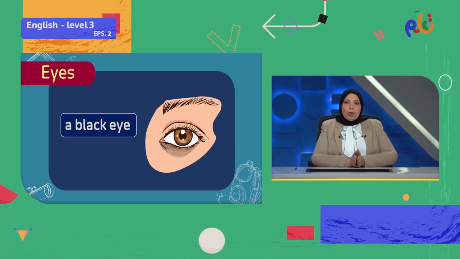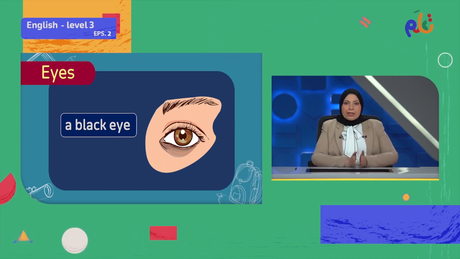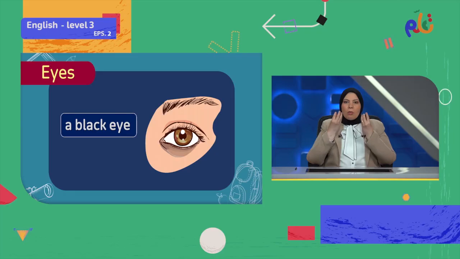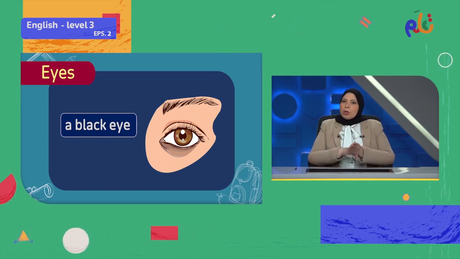So we usually don't use this for describing people's eyes. So we avoid using black for describing people's eyes and we use dark. So it's dark eyes instead of black eyes. We try to avoid black eyes عشان black eyes معناها مرتبط بالبروز، مرتبط بالورم. So that's why we don't use it.